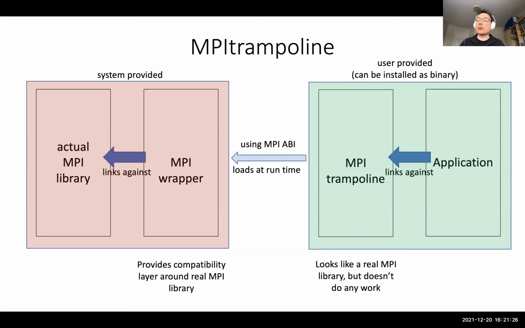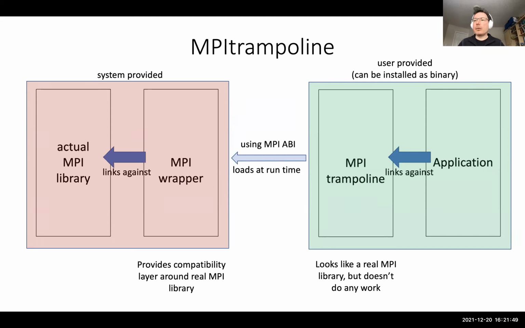So it is, I assume, very similar to the mechanism that OpenMPI uses, except it's more generic. It works for all MPI implementations. So MPItrampoline looks like a real MPI implementation, except all the MPI calls are forwarded after it loads an MPI wrapper. And the MPI wrapper provides a translation layer.